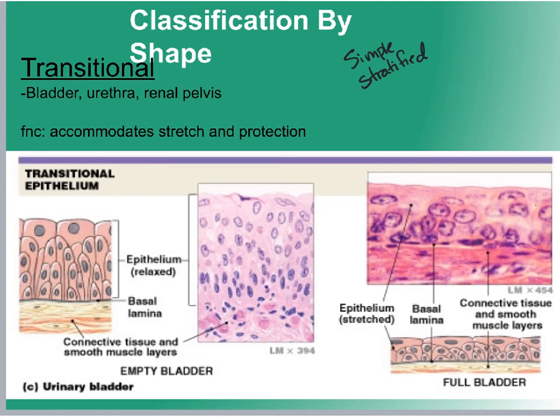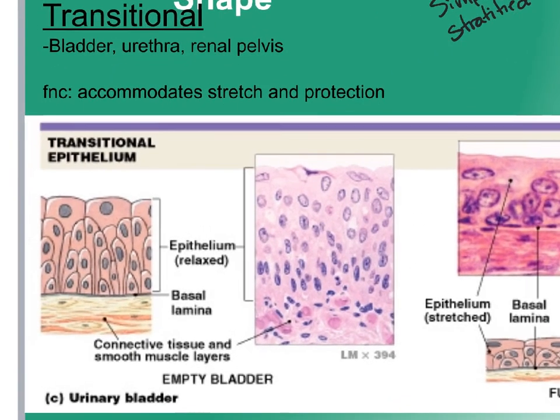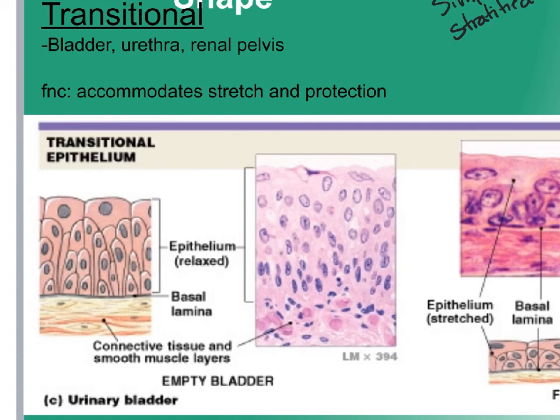And the reason for that is the cells are really tightly attached to one another. Let's have a look here. Remember, you're going to have those tight junctions attaching those cells together? But these cells are extra tightly attached to one another. And so you find these epithelial cells in organs that need to stretch.